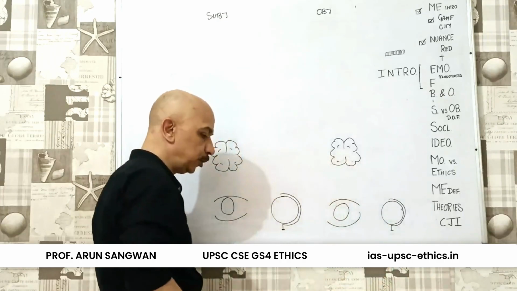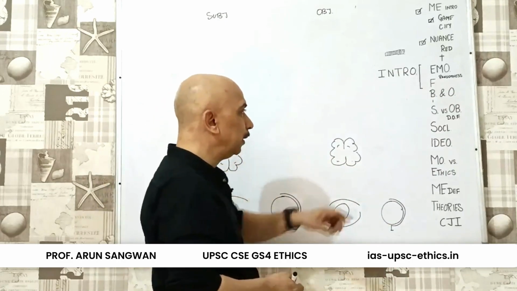Yesterday I was mentioning to you, this is one of the most fundamental concepts in ethics. Almost everywhere you'll find subjectivism, objectivism, the subjective, objective, etc. It's built up on this concept.